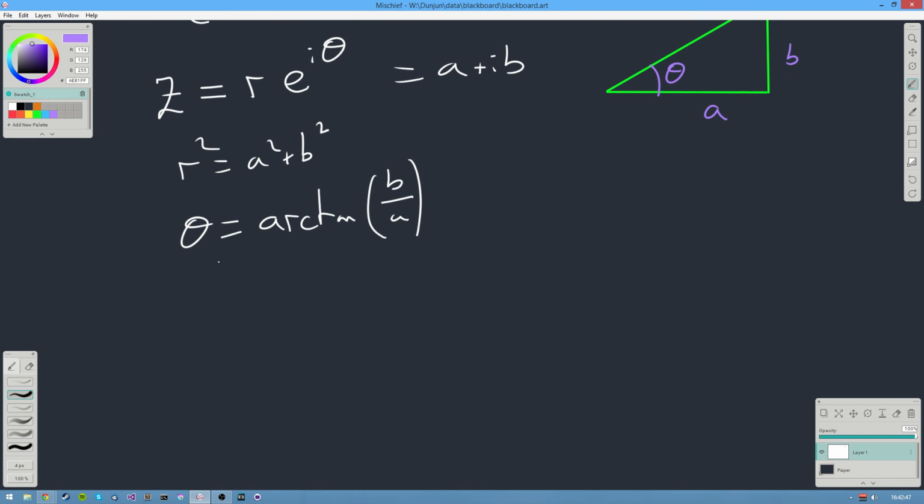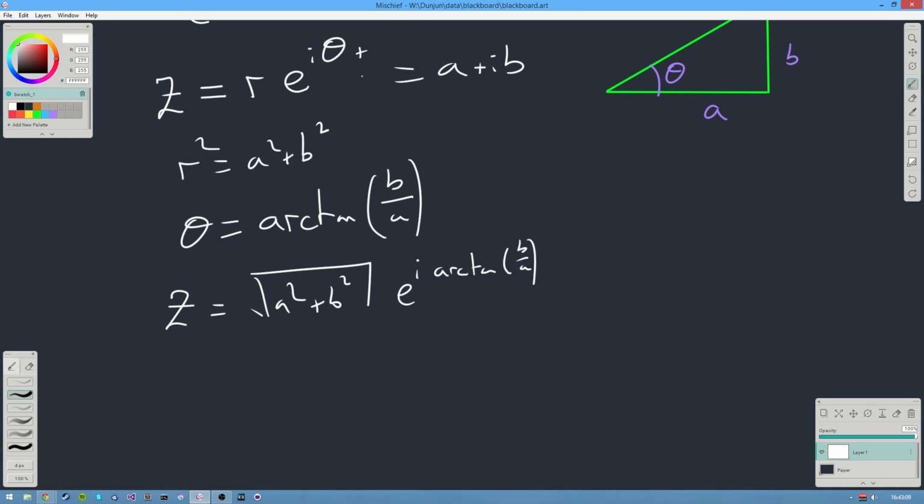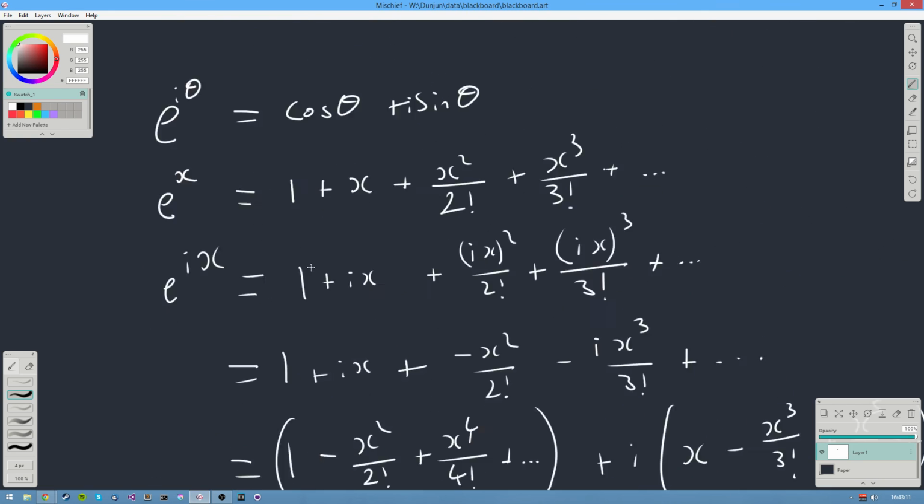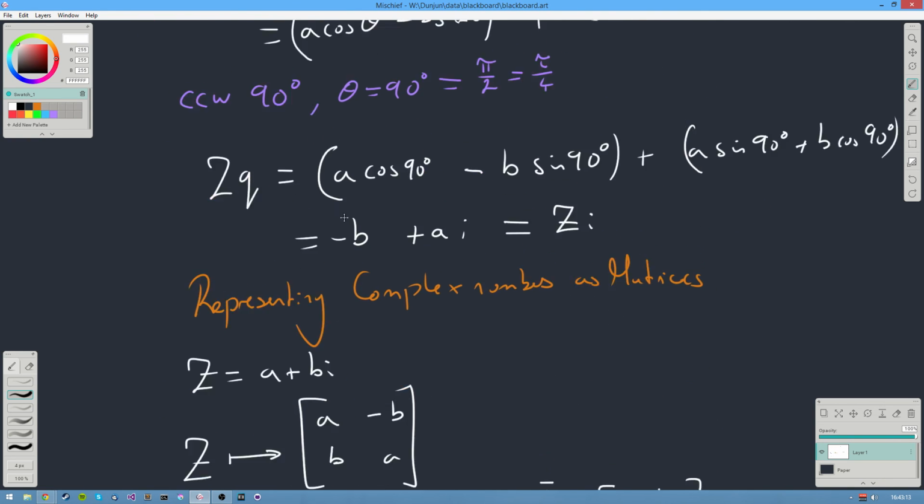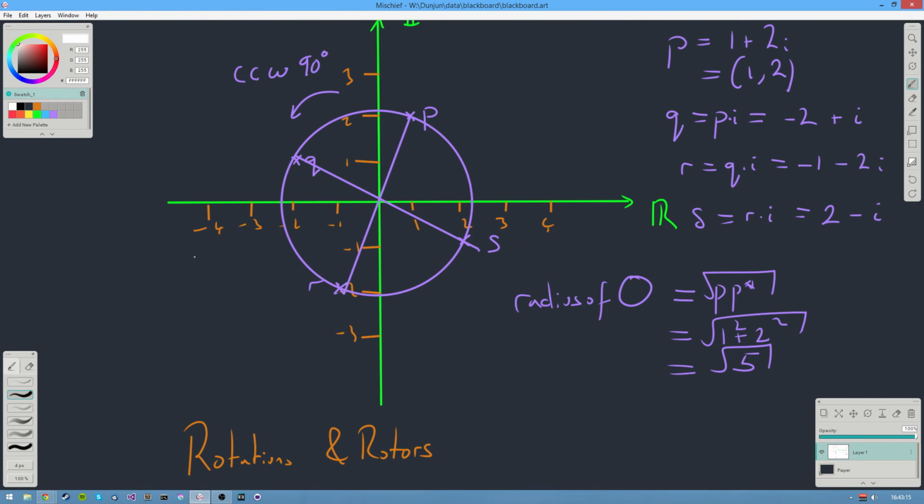So z can now be written as z equals the square root of a squared plus b squared times e to the i arctan b over a. And again, this theta represents an angle. So if we kept adding on, let's say 90 degrees or pi or whatever it is, we'd rotate around this circle of radius r. So that's what we kept doing, yeah?